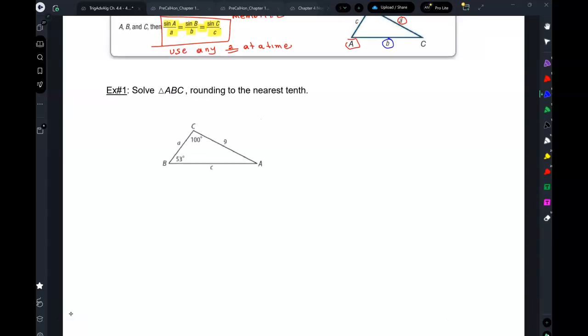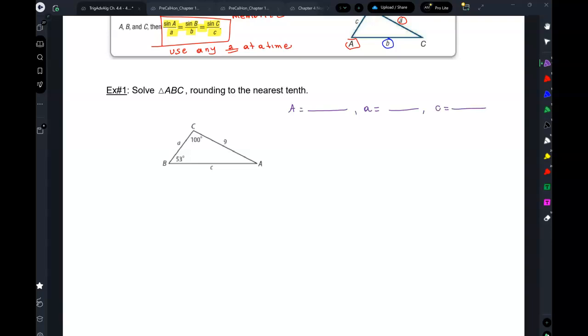Let's take a look here. It says to solve triangle ABC, rounding to the nearest tenth. First, what I like to do is make a list of all the items I need to find. In this case, I need to find capital A, lowercase a, and lowercase c.